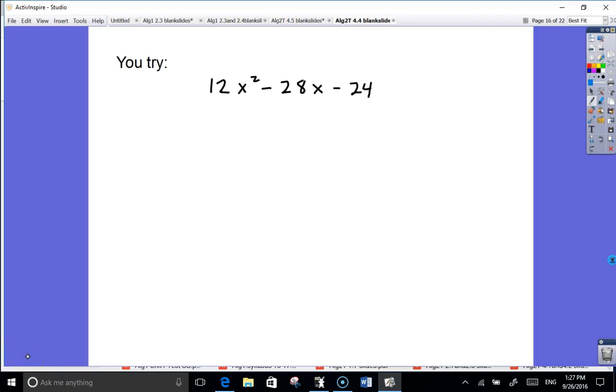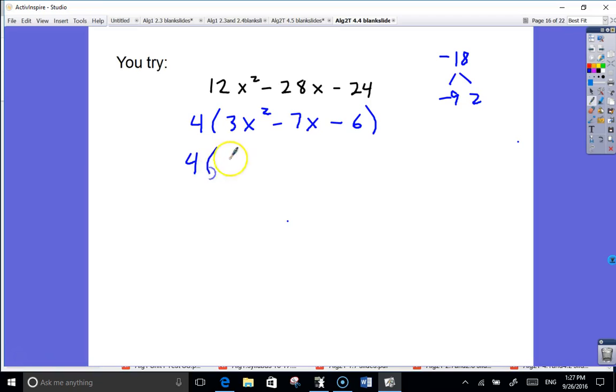So what was the first step? Factor out a 4, right? That should have left you at 3x squared minus 7x minus 6. Okay, is it further factorable? Are there factors of negative 18 that add up to negative 7? And if so, what are they? Negative 9 and 2.